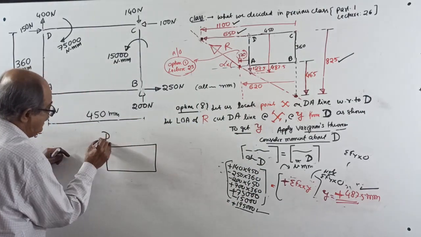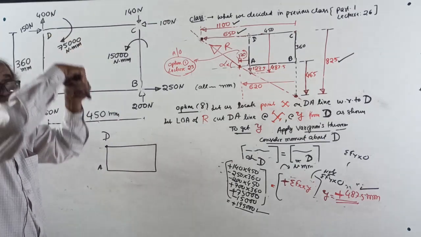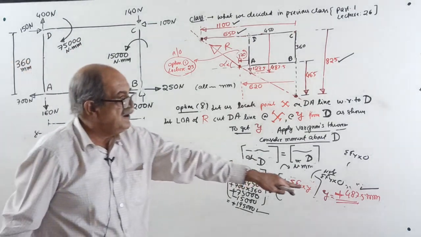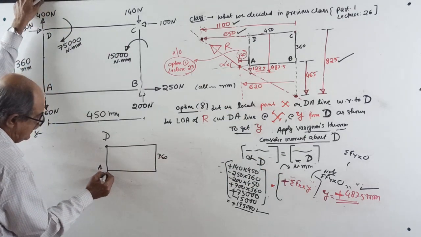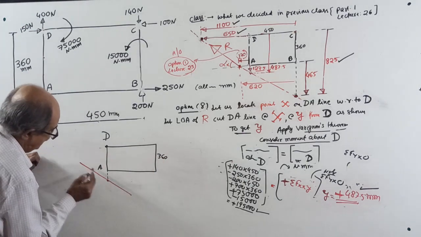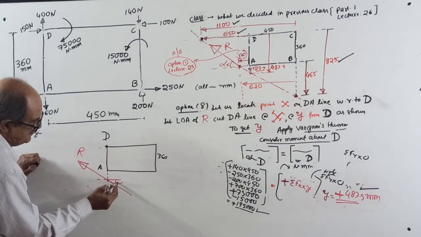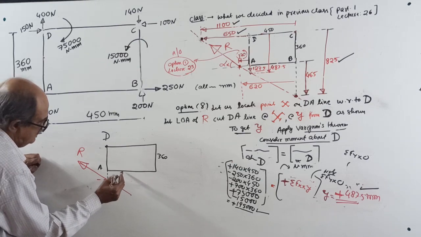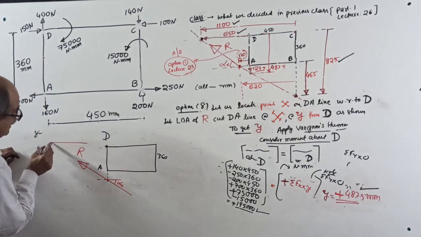If this is D, this is A, from D you have to come down by 487.5. This is 360, therefore you have to come further down somewhere here. Through this point, the resultant will pass. Listen, this is the final answer for the resultant. The point X with respect to D, anywhere you can mark, okay, I'll mark here.